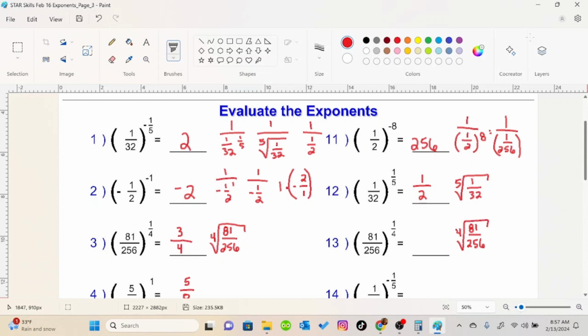The fourth root of 81 is 3. And the fourth root of 256 is 4. If you noticed, this is the same problem we had right next to it for number 3.